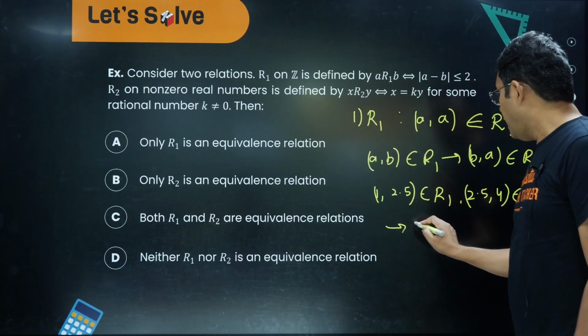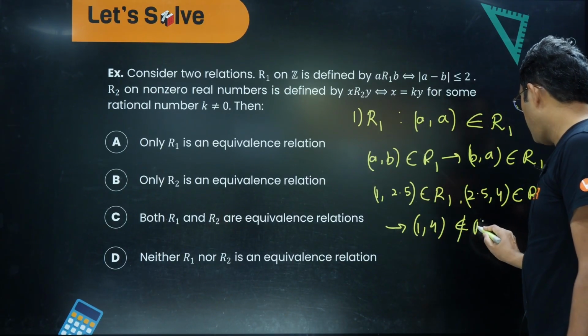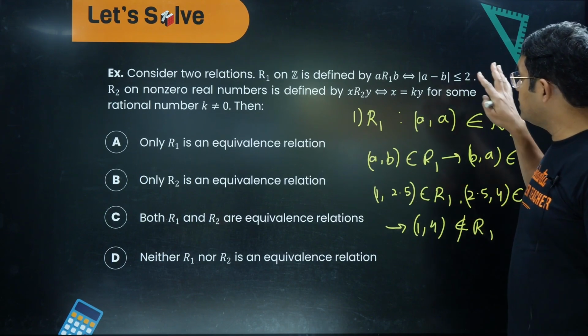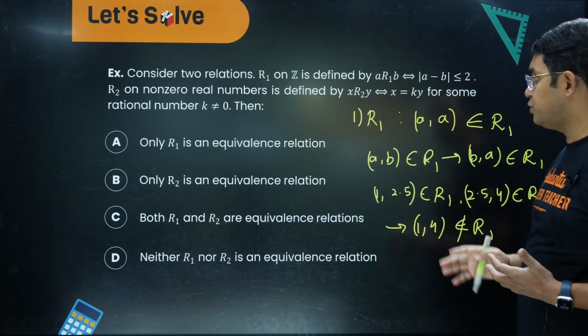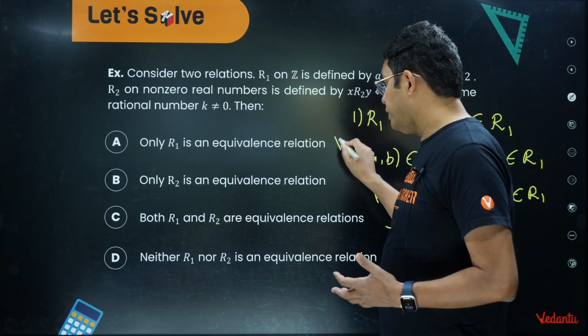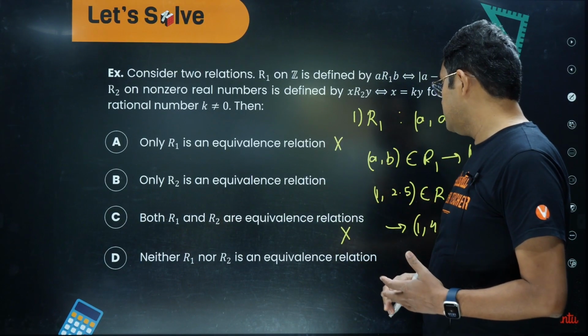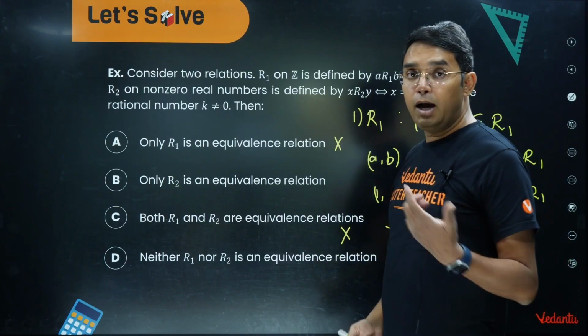But you can see (1, 4) does not belong to R1, because the difference will be 3. So this R1 is not transitive, so R1 equivalent will be wrong. Neither R1 nor R2 is equivalent, that we have to check by R2 now.